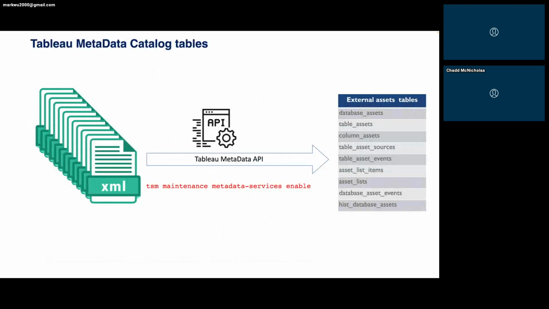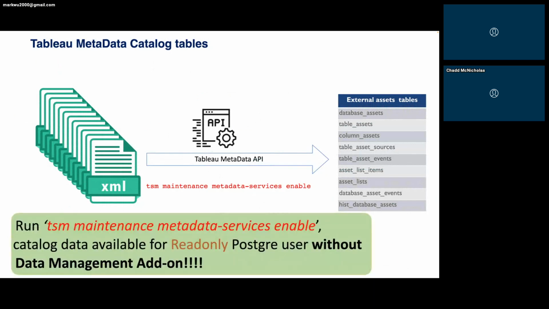And of course, I use Tableau's catalog feature. Even if you do not have the Data Management add-on, this feature is still available for you. Once you run the TSM maintenance metadata service enabled, the catalog data is available to the read-only Postgres user, even without the Data Management add-on.